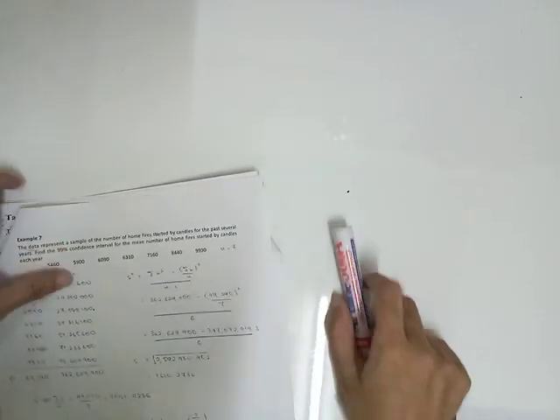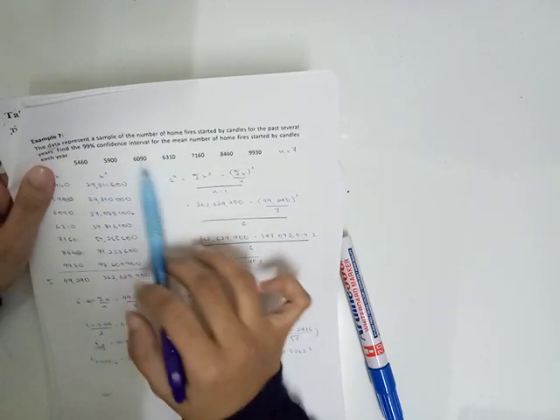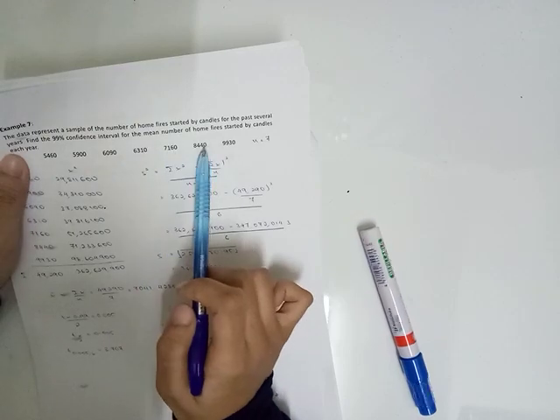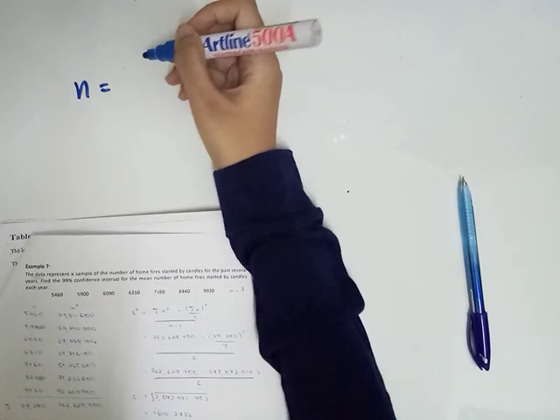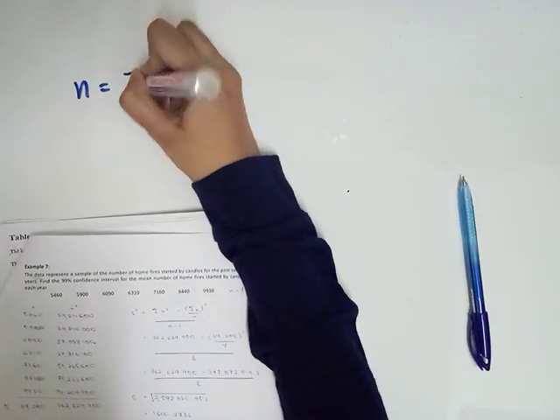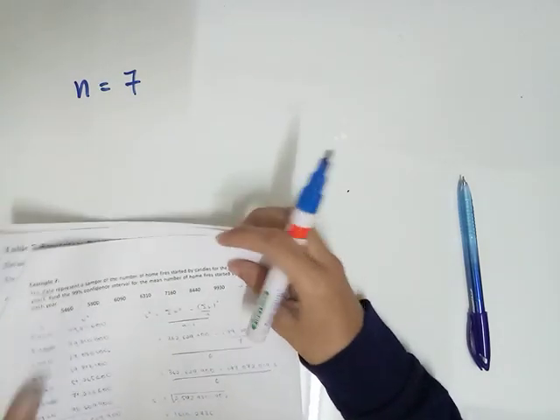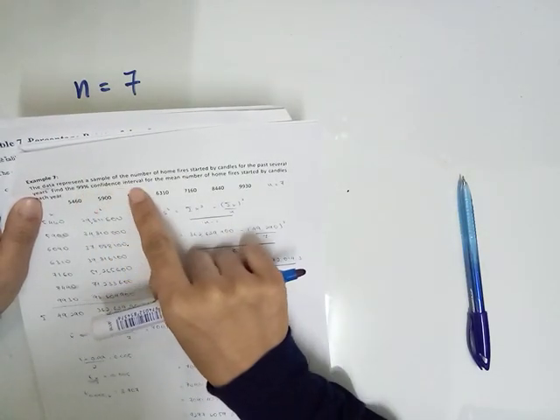So, what did they give? They gave data. How many? 1, 2, 3, 4, 5, 6, 7. So the sample size is 7. And then we need to find the 99% confidence interval.